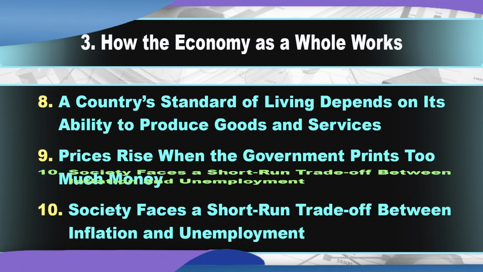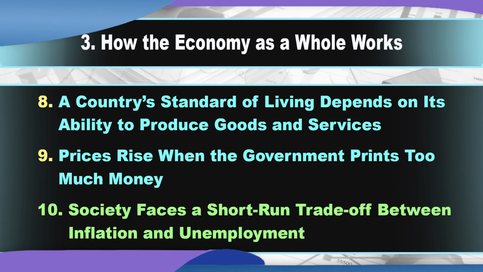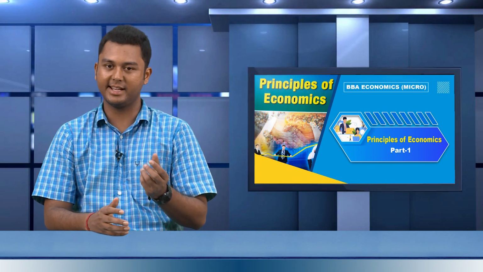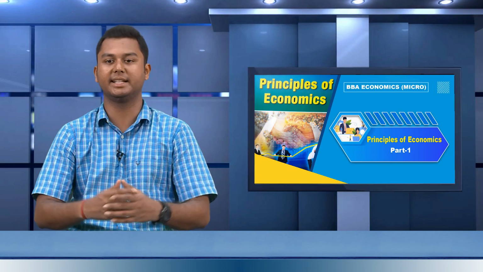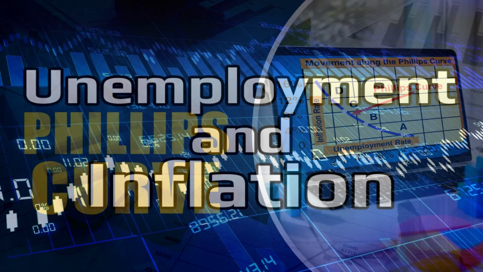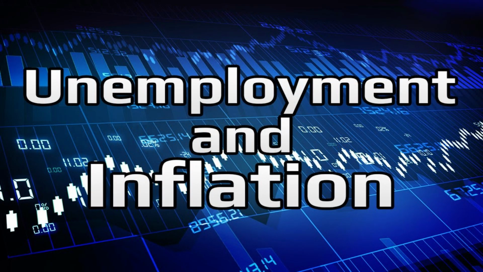The last principle is that society faces a short-run trade-off between inflation and unemployment. In the short run, many economic policies influence inflation and unemployment in opposite directions. This relationship is often represented by the Phillips curve, which shows an inverse relationship between inflation and unemployment, at least temporarily.